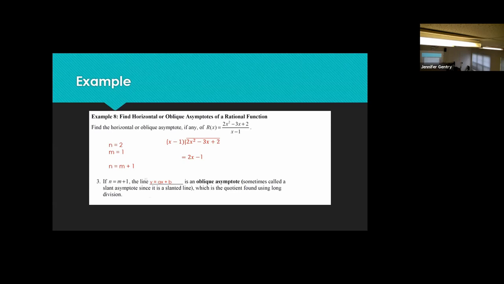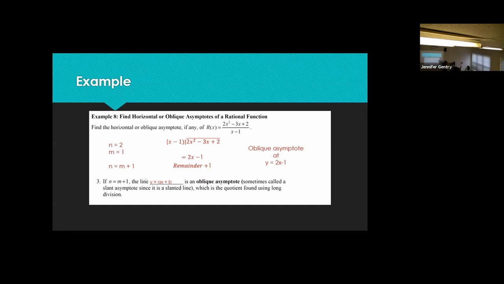I can stop there. I don't really care what my remainder is for this. I do have a remainder of 1. I know when you guys were doing the actual long division, you would say the remainder is 1 divided by x minus 1. We don't need that.